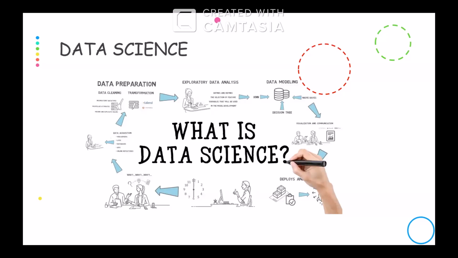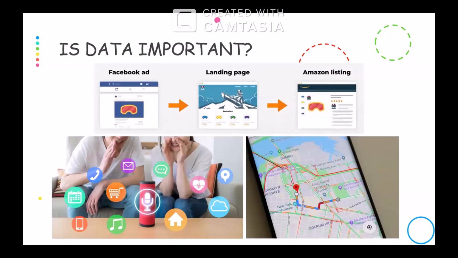Like this, there's a big pipeline of processes. Okay, there's a big pipeline of processes happening in the entire field of data science. Okay. And particularly, we divide this data science pipeline into three major categories.